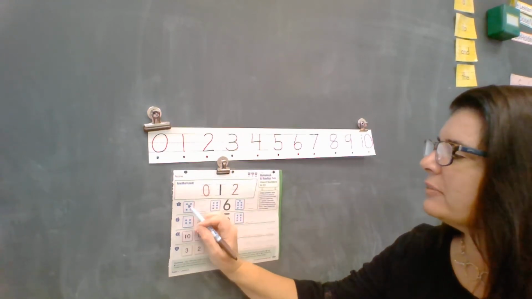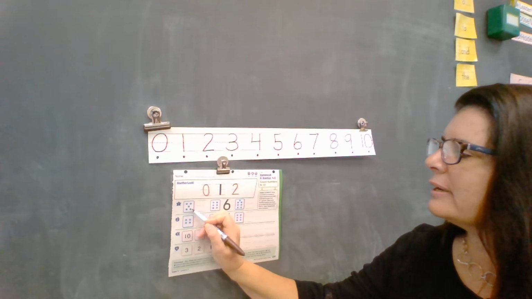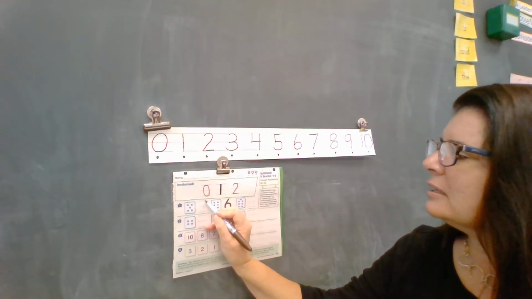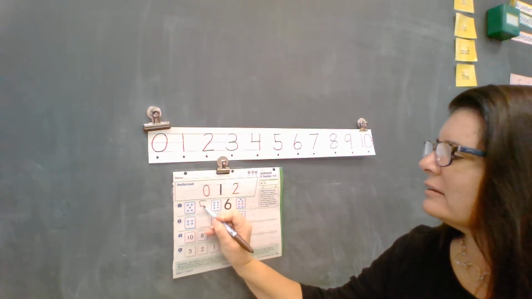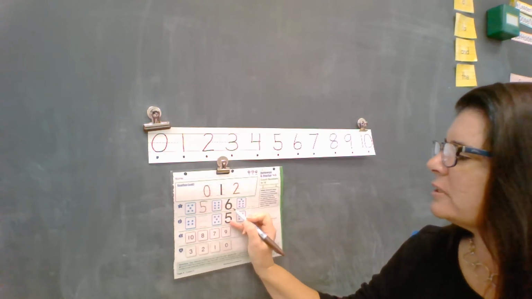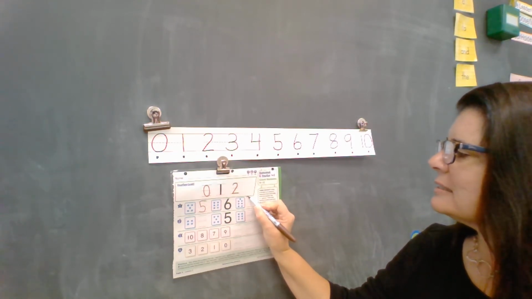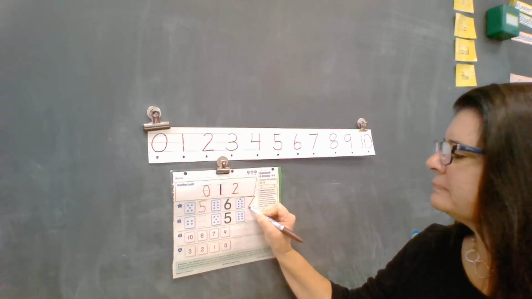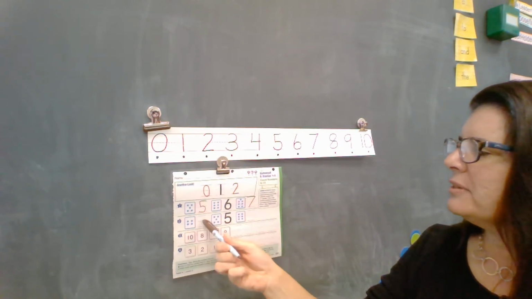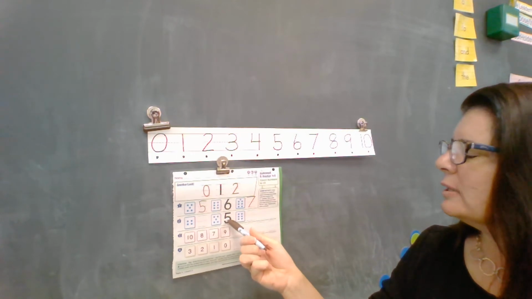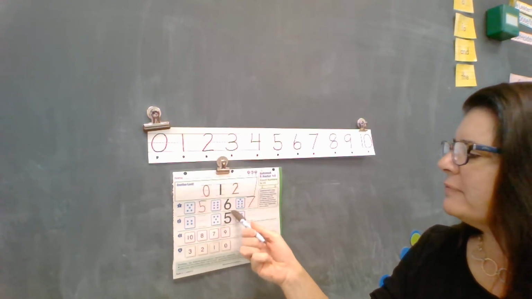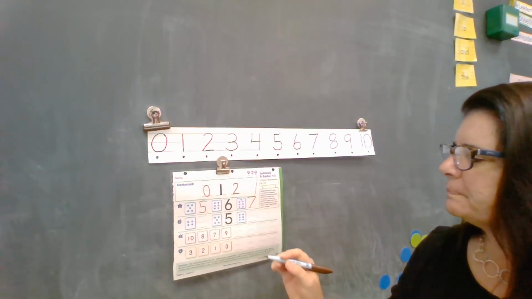Or you can count the dots. 1, 2, 3, 4, 5. So you're going to write 5 comes before 6, 6, and then the number after 6 is 7. So count the dots, write the number. It's going to be the number before 5, the number after 5.